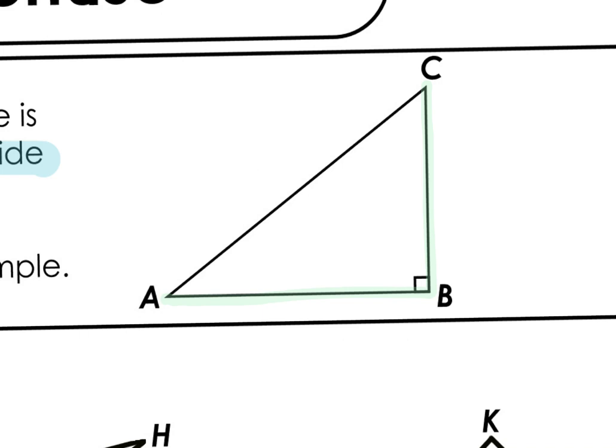Since we have A and B, we can say that's AB, or we can go the other way and say that's BA. And your third side is AC or CA, depending on which way you started off. Okay, so again, we are trying to make sure that we know how to find the hypotenuse. The very first thing is to find your right angle.